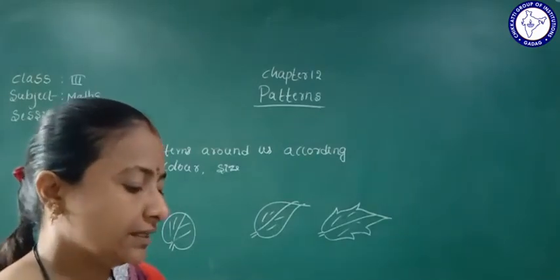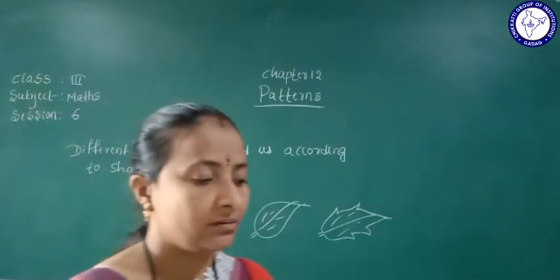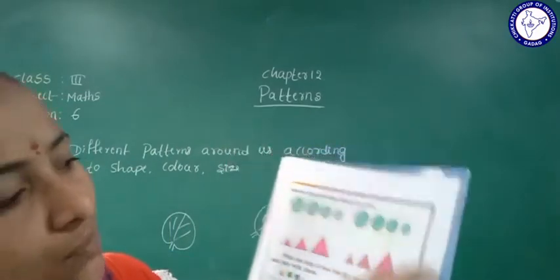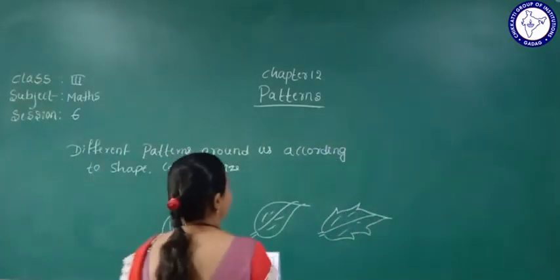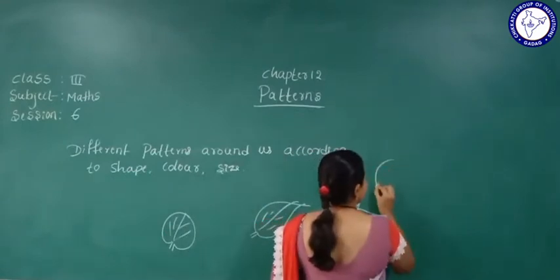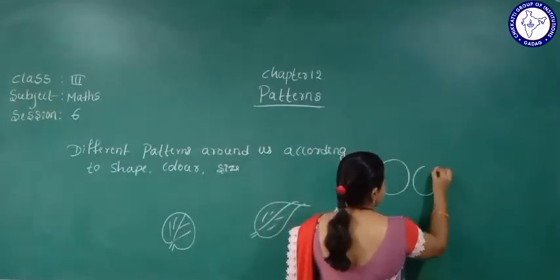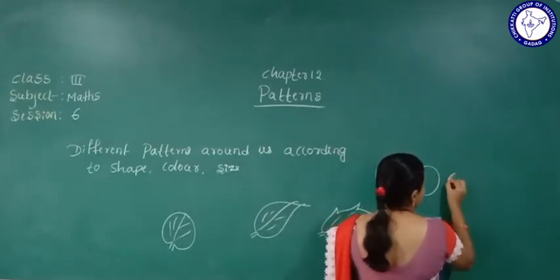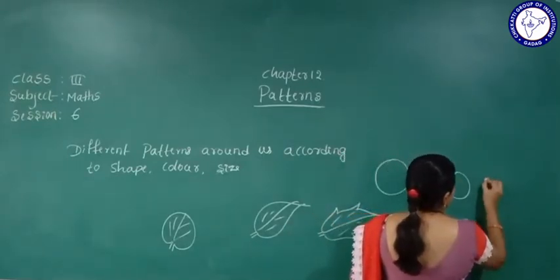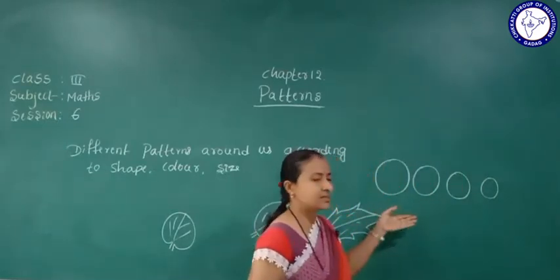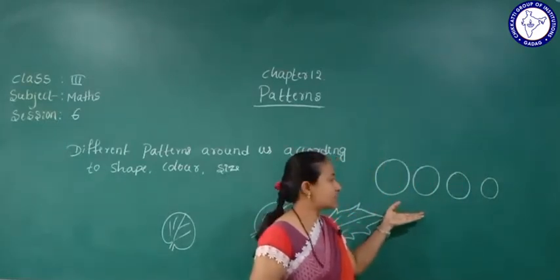Next one they have given here: observe the patterns based on the size. So observe this pattern based on the size. How will we observe these patterns? See, this is one big circle, next one is a little bit smaller, next one is a little bit smaller, next one is small. So can we say all the circles are the same?